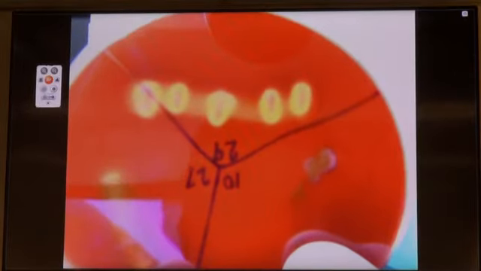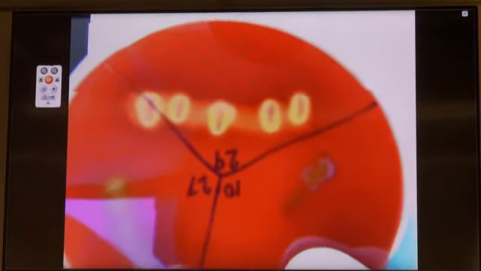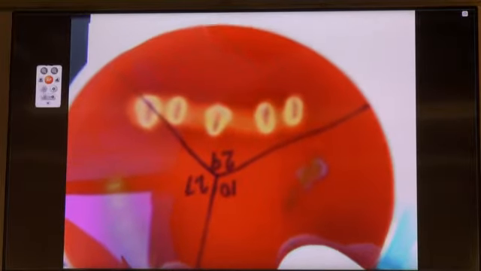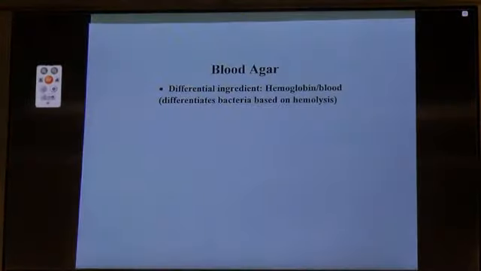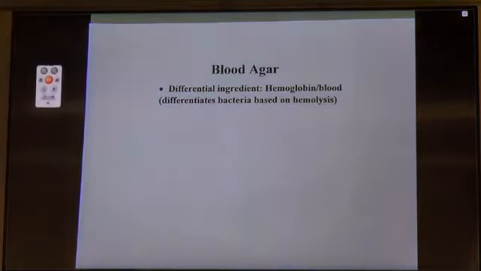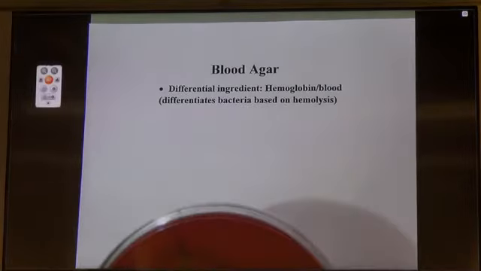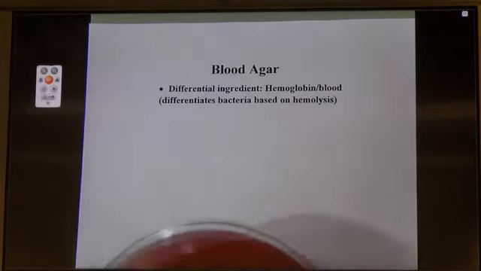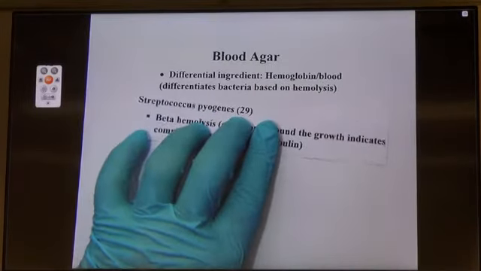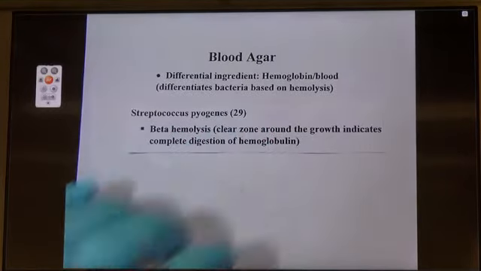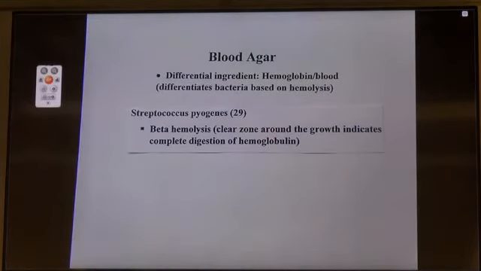Number 29. You can see all the blood is gone, right? This is called beta hemolysis. And this is the bacterium that does that. Streptococcus pyogenes, clear zone around the growth.